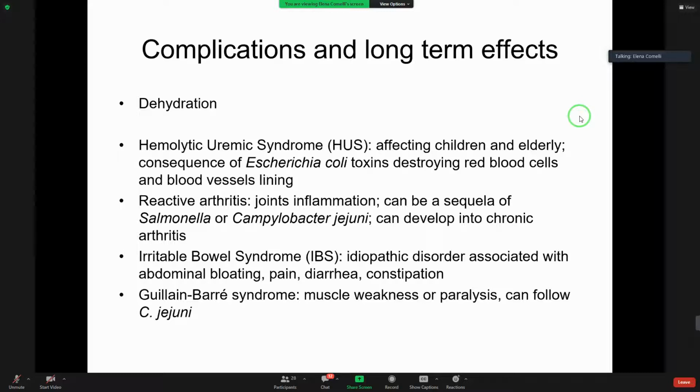And following Campylobacter jejuni infection, there could be the manifestation of Guillain-Barré syndrome, which causes muscle weakness and may even result in paralysis. So although most commonly, luckily, these pathogens have acute effects and symptoms that resolve within a few days, unfortunately, in many cases they have long-term effects, which also contribute to the burden of these infections.